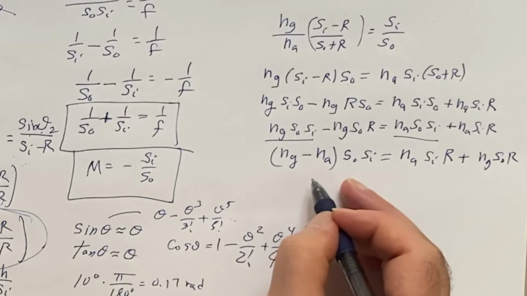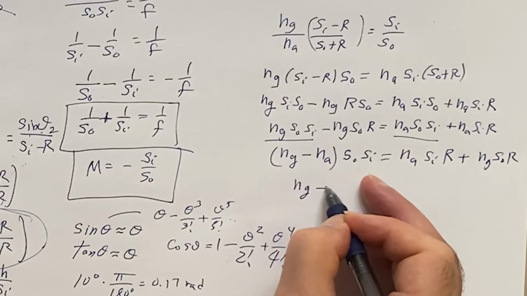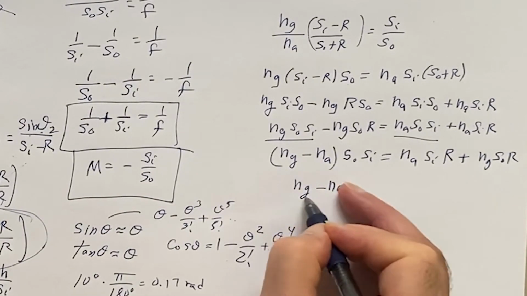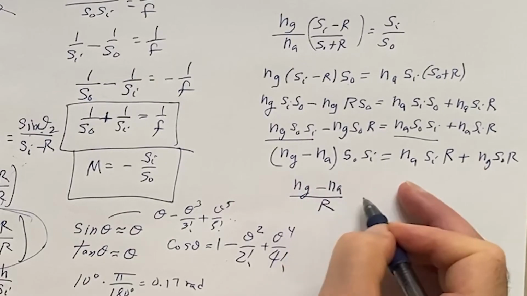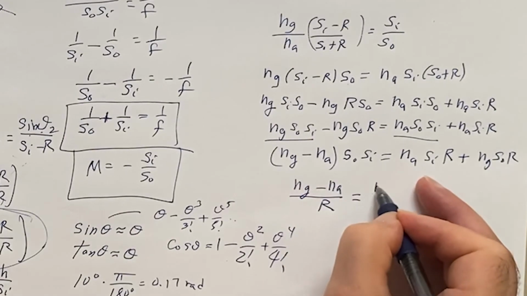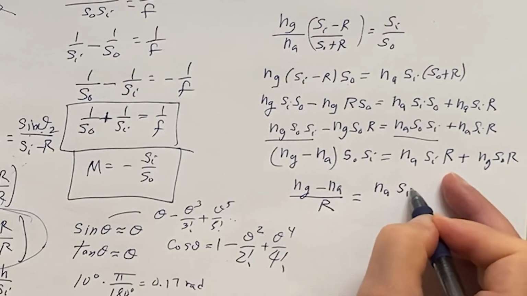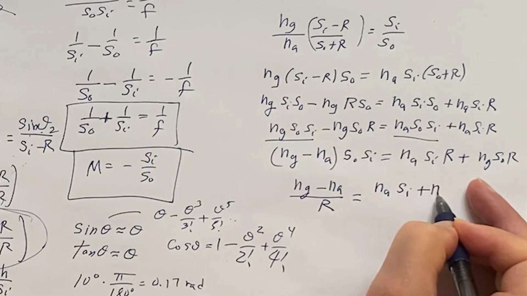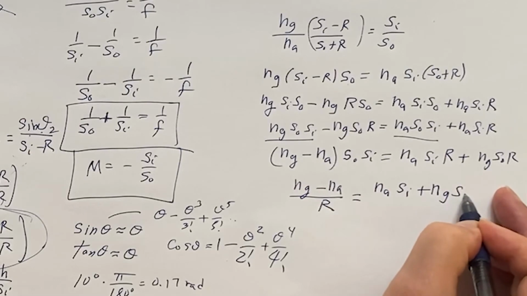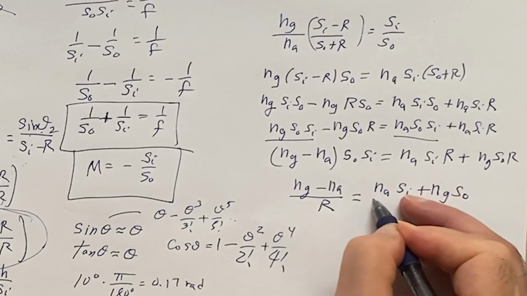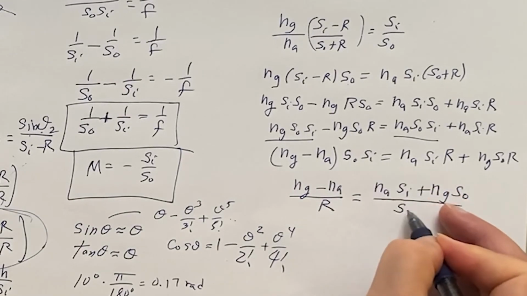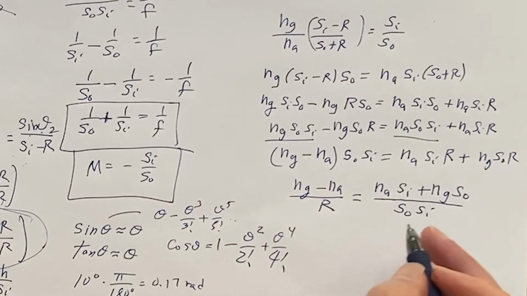Now I'm going to divide by R and have Ng minus Na. All right, this has a nice result, we're going to get a very powerful formula out of here. Na Si plus Ng So over those.